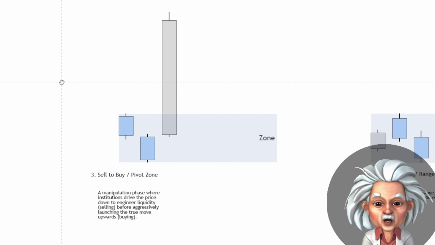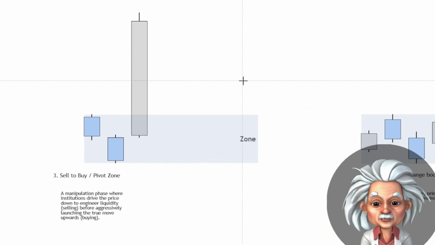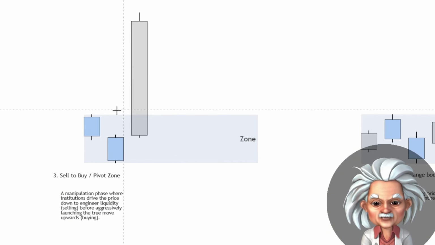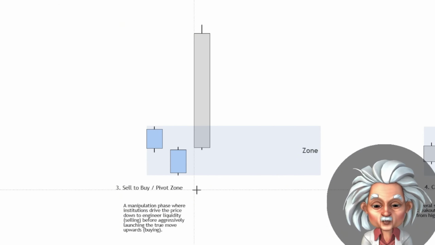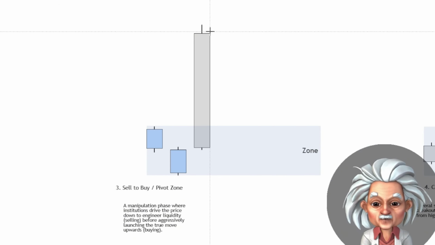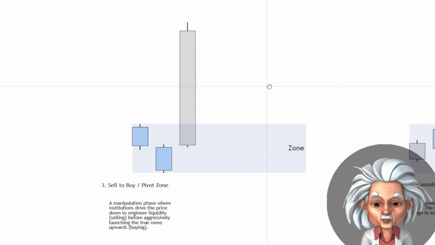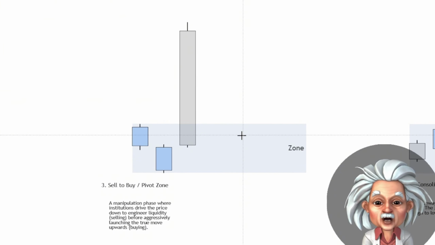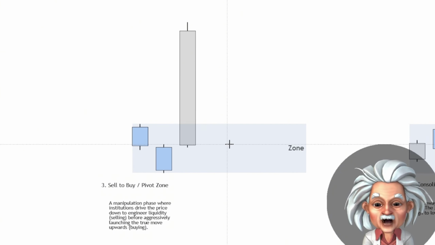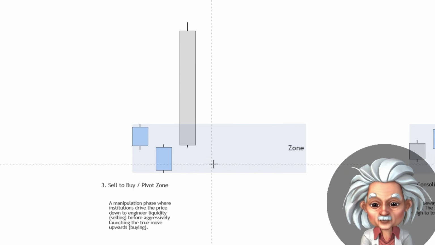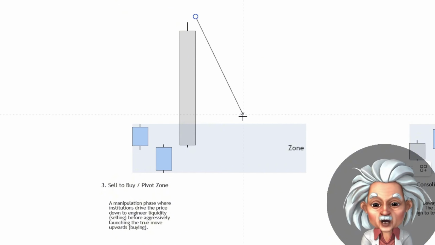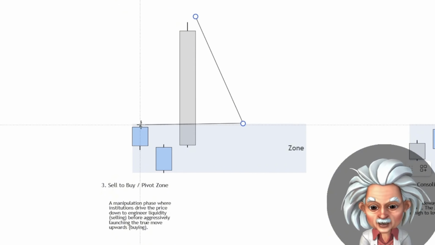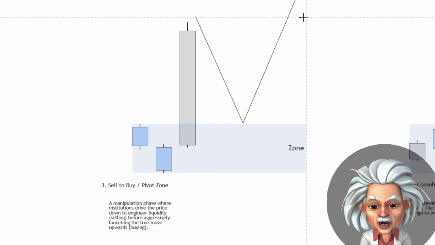So let's move further to the next one, zone creation number 3. This is a sell to buy or pivot range. In a pivot zone, there are most likely two candles before the strong impulse, and this is often a trap, or it often confuses traders, because most of the traders will place their entry right here to get a maximum risk reward ratio, but most of the time the market will only return to the pivot zone, also to the second candle, and then thrive further to the upside.